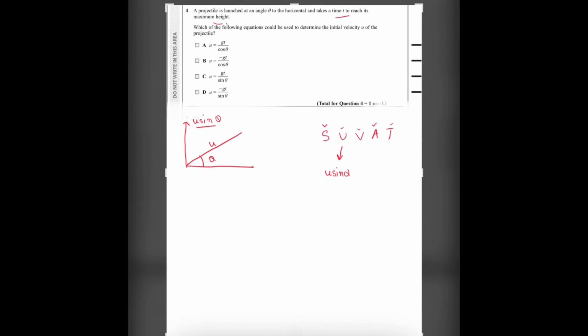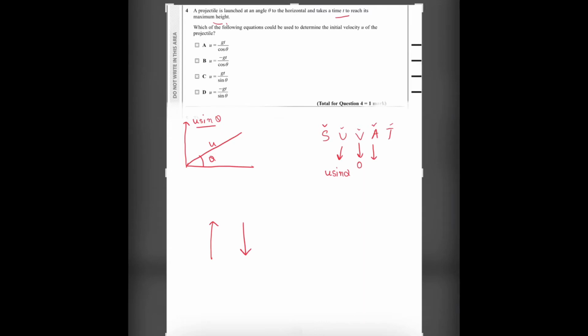At its maximum height, the final velocity would be 0, and since it is going upwards in Earth's gravity, the acceleration will be downwards. Since it is moving upwards, there will be a force due to gravity in the downward direction.